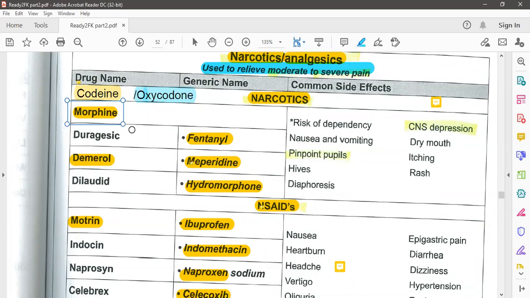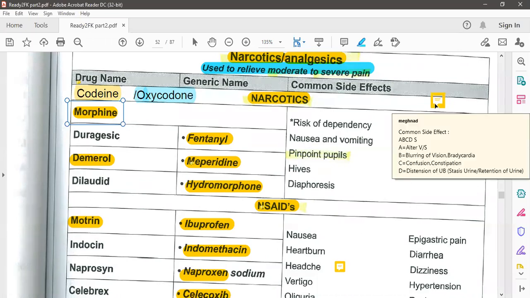Because morphine or other opioids or narcotics have a chance to develop respiratory depression. Morphine, meperidine, hydromorphone, and codeine all have some common side effects.